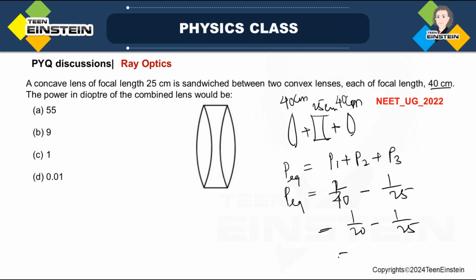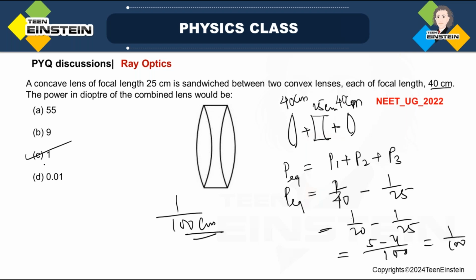So you can say 2 over 40 minus 1 over 25. That means 1 over 20 minus 1 over 25. This is actually in centimeter.